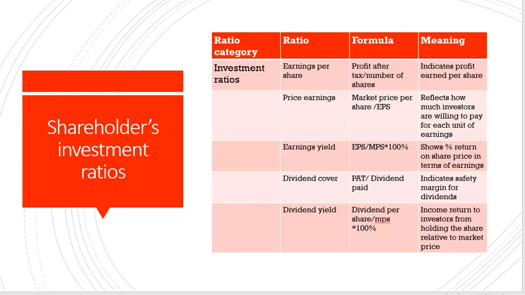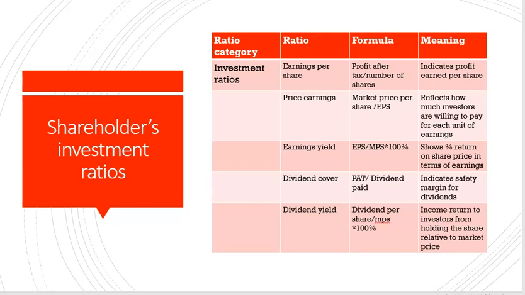Then price earnings ratio. Before that, I think that one should look at first. Earnings per share indicates how much profit we earn per share, while the price earnings ratio is calculated as market price per share over earnings per share.